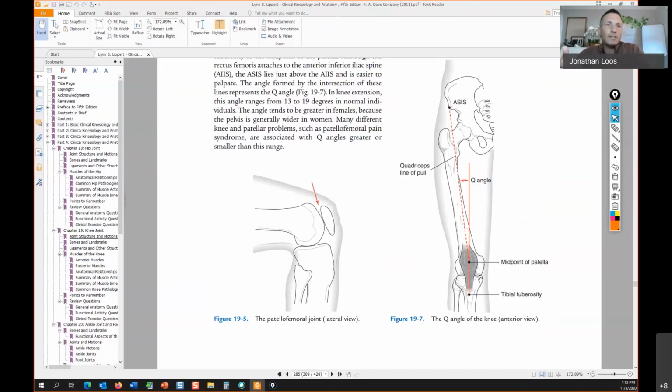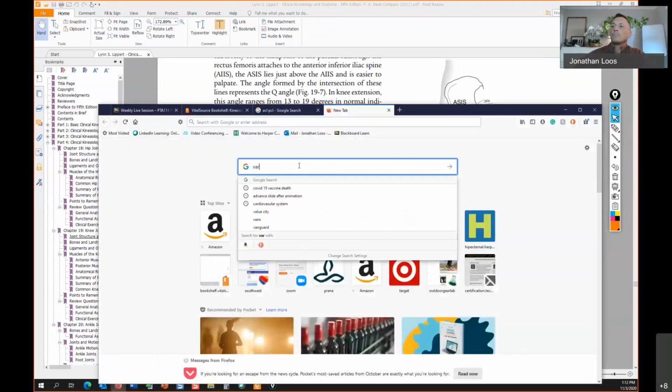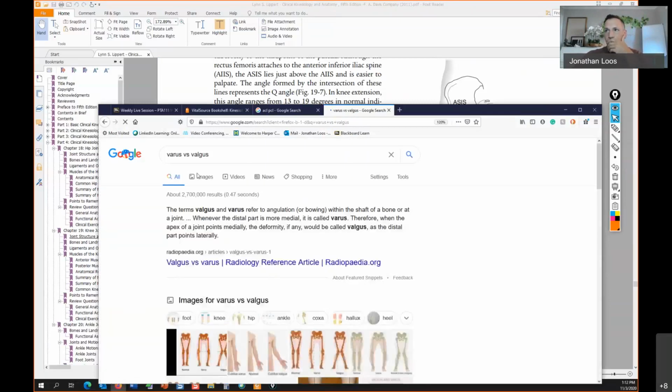I don't know if you guys have gotten through this whole valgus versus varus conditions yet, but let me pull it up real quick because it's easier to see. I know I talk about it in the videos here.